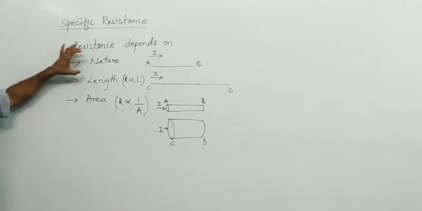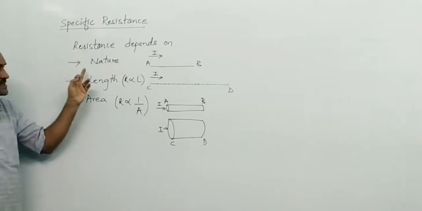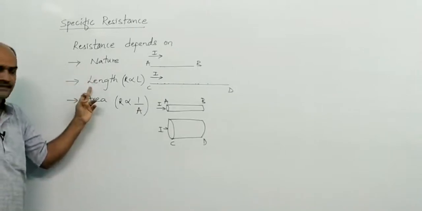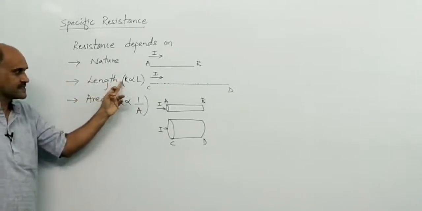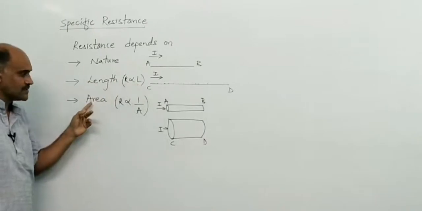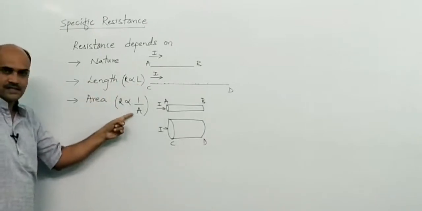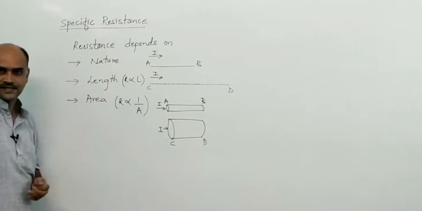So it depends upon these three main factors: nature, length, area. Resistance is directly proportional to length, and inversely proportional to cross-sectional area.